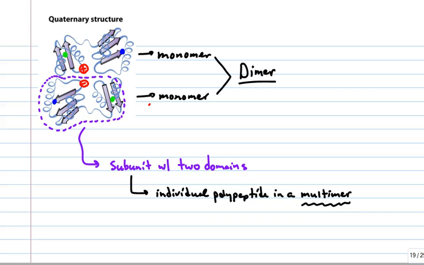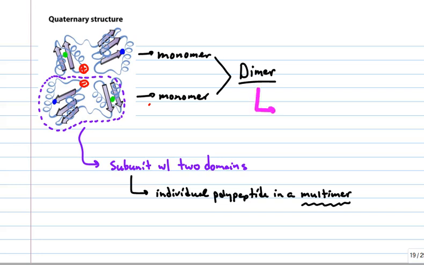And if there are two monomers, two independent individual proteins or peptides, and then if you associate them together, they're going to be called a dimer.